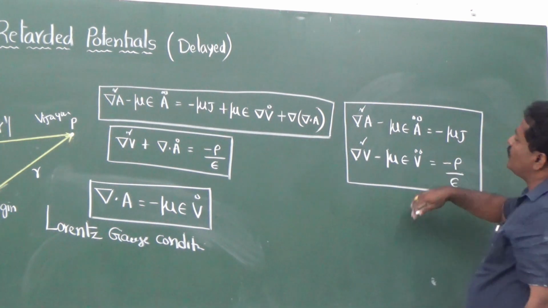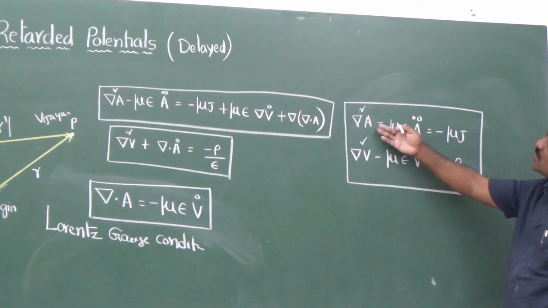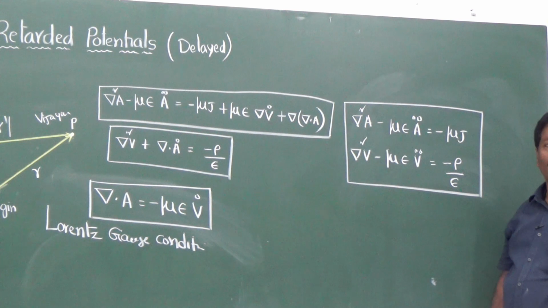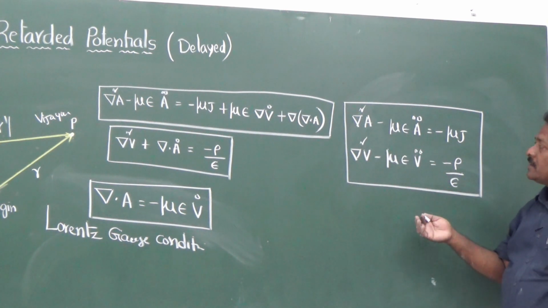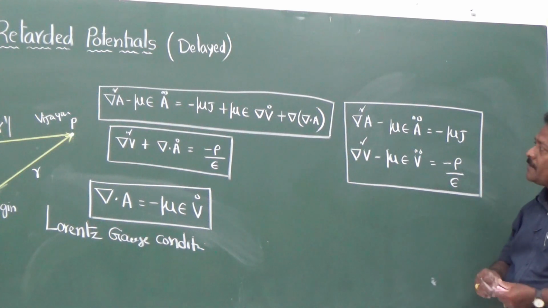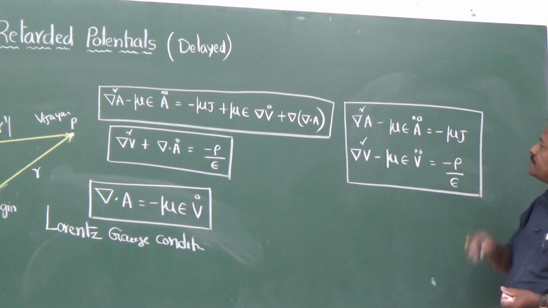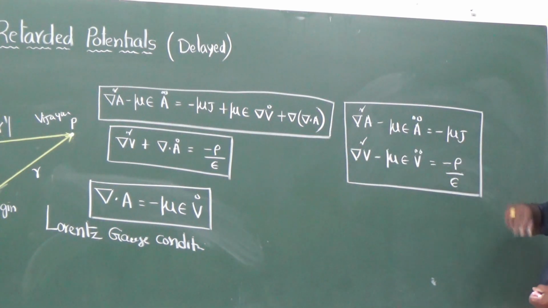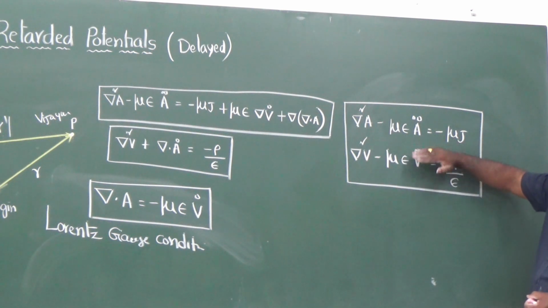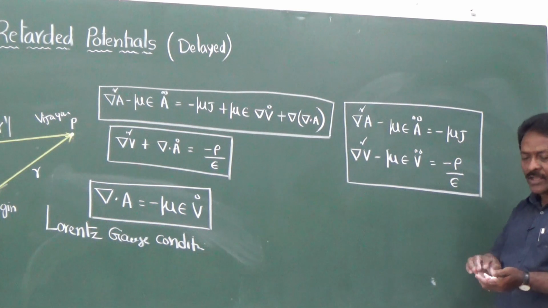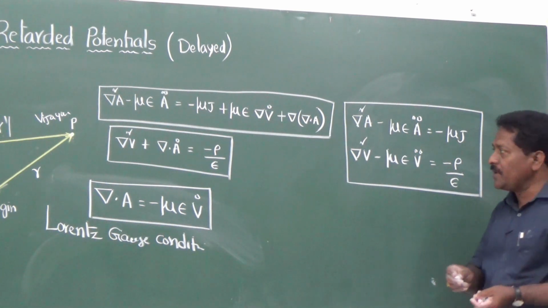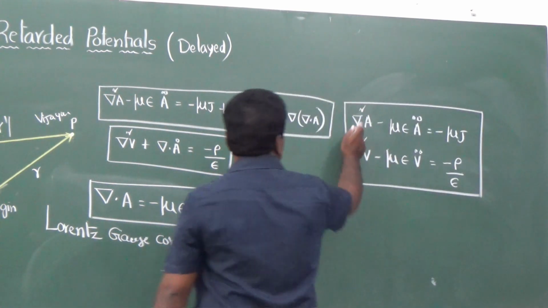And already you know how to write down the solution for these differential equations. If you see it closely, these are nothing but your Laplace's type second order equations. So using your own techniques, happily you can write down the solutions here.